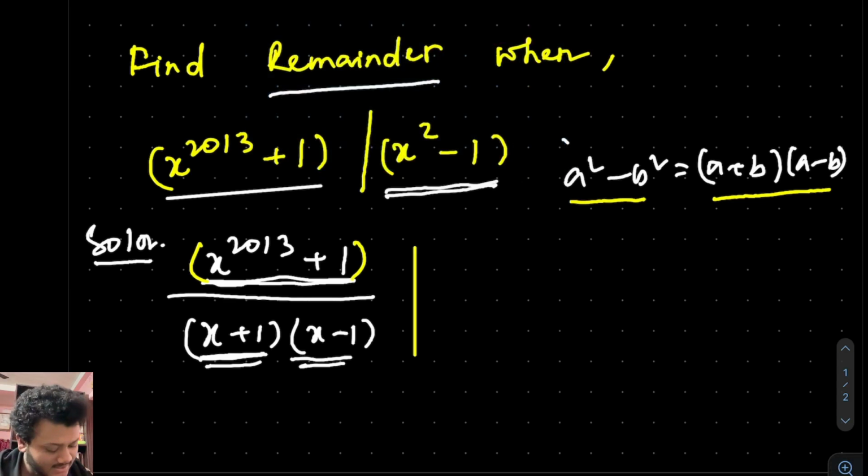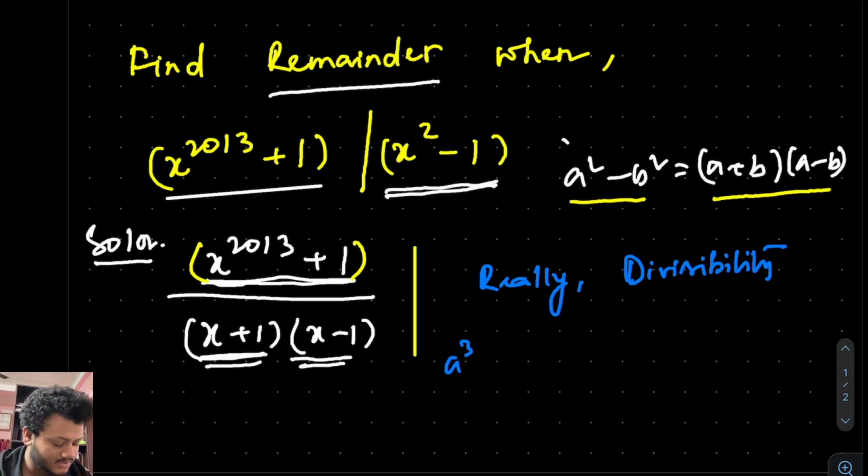It is really a question on divisibility. We have read that a cube plus b cube equals a plus b into a squared minus ab plus b squared.